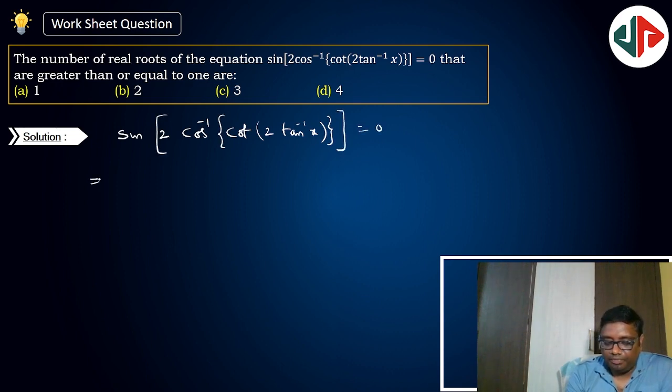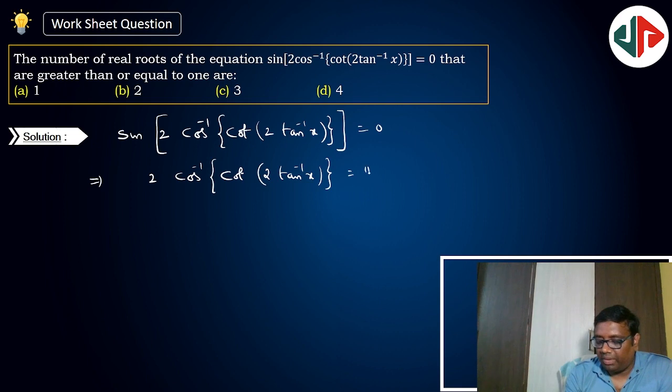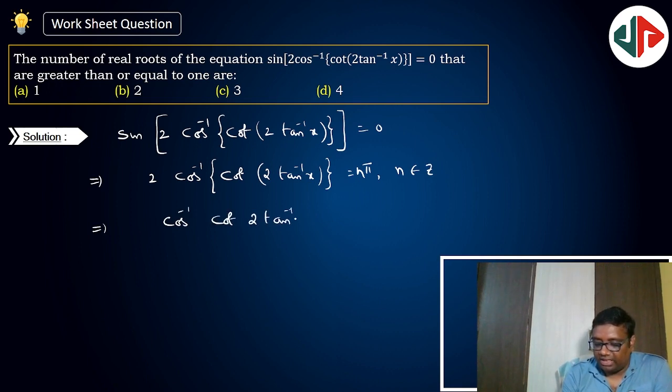This is possible if and only if 2 times cos inverse of cot of 2 times tan inverse of x is equal to n pi, because sin n pi value is always 0, where n belongs to Z. Now it is nothing but cos inverse of cot of 2 times tan inverse of x is equal to n times pi by 2.